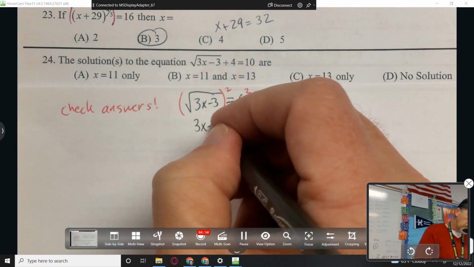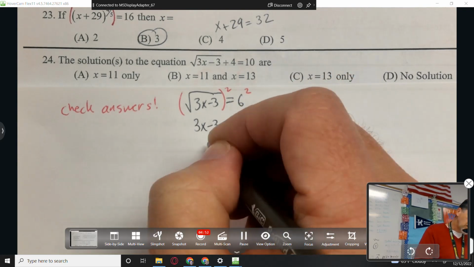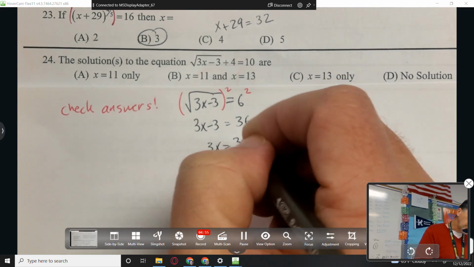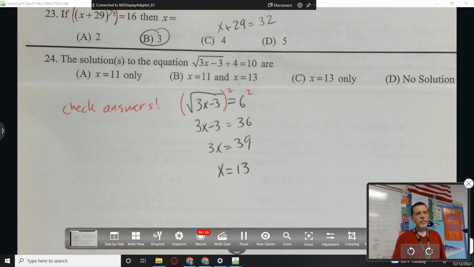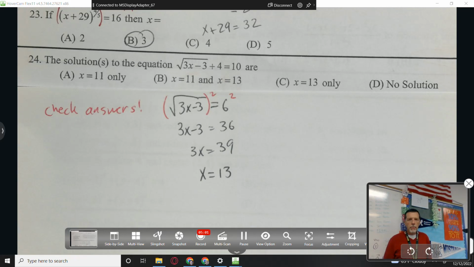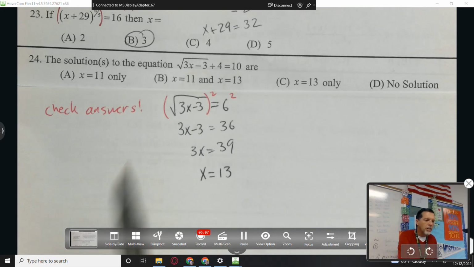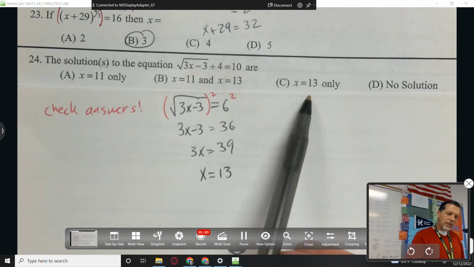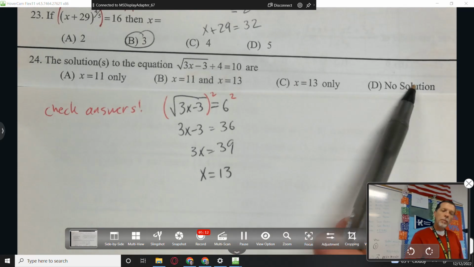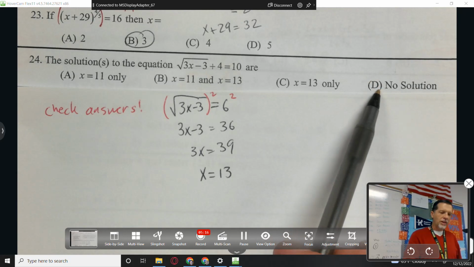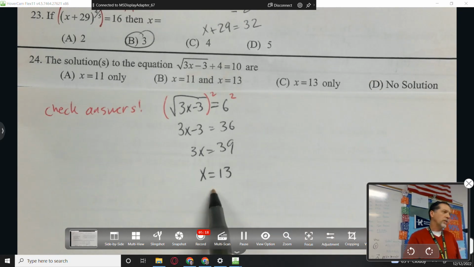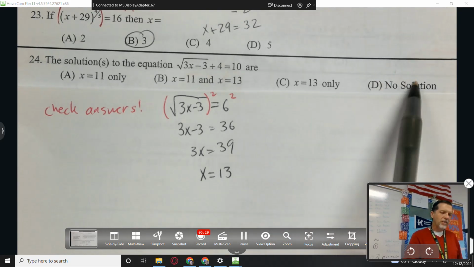So 3x minus 3 equals 36. 3x equals 39. x equals 13. Hopefully if you're paying attention, and you guys likely are because you're good test takers, you look at your answer choices and you see x equals 13, you're like, okay, I got that. But then when you see no solution, you think, wait a minute, what is going on here? Maybe I should make sure that 13 works, because why do they have this otherwise?